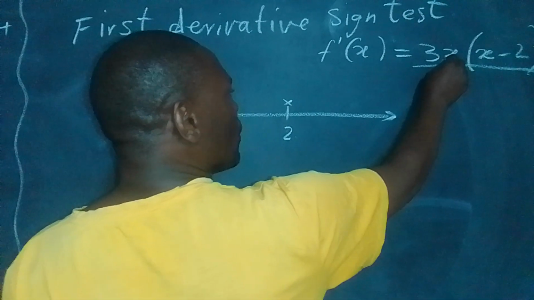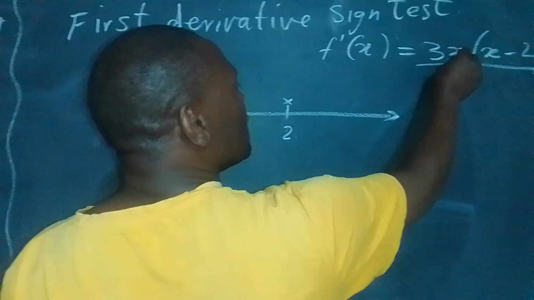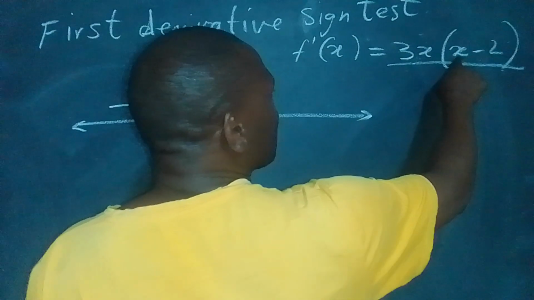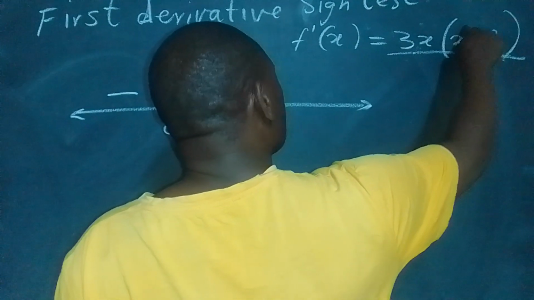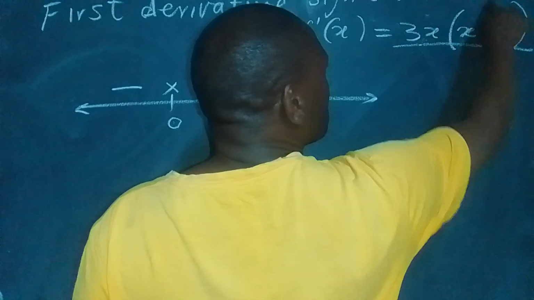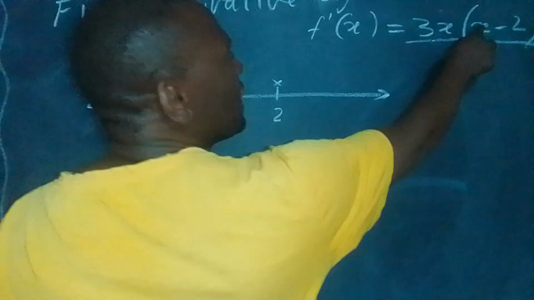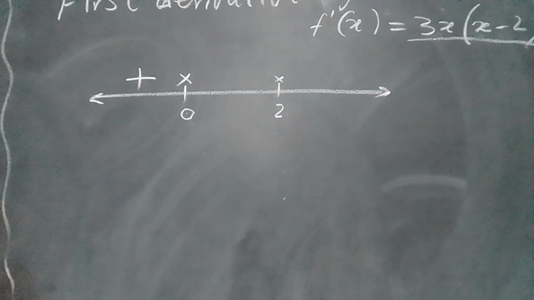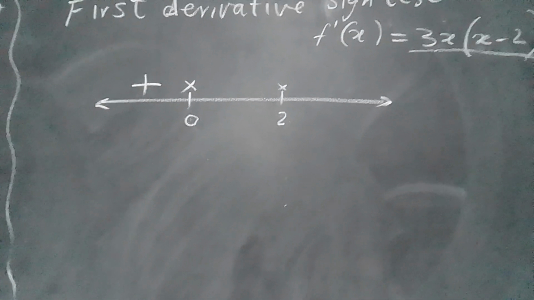You put a -1 here, a -1 multiplied by 3, you get a minus, and a -1 minus 2 is -3. A negative times negative becomes positive. So our sign is positive there.